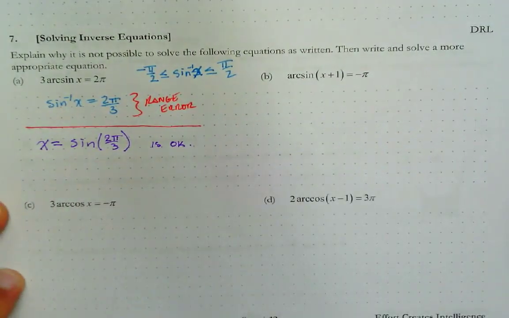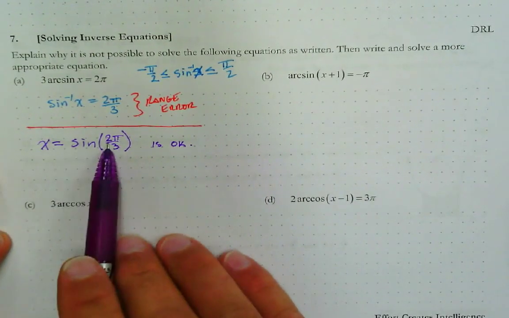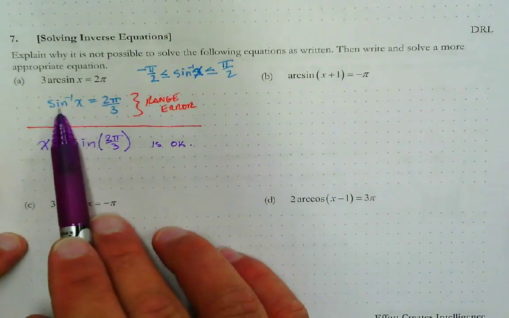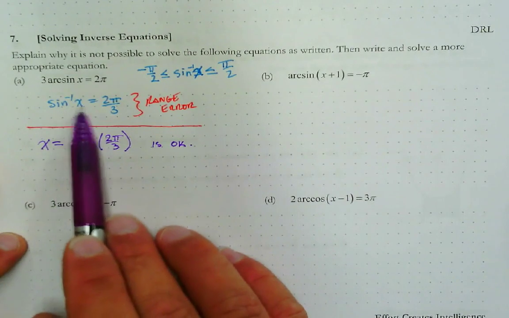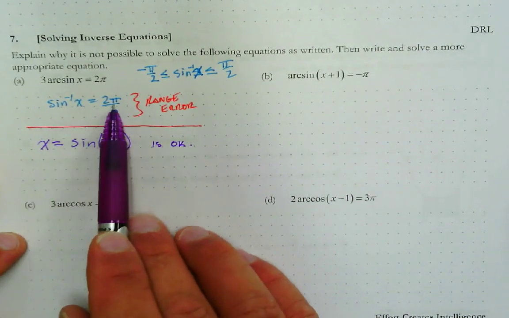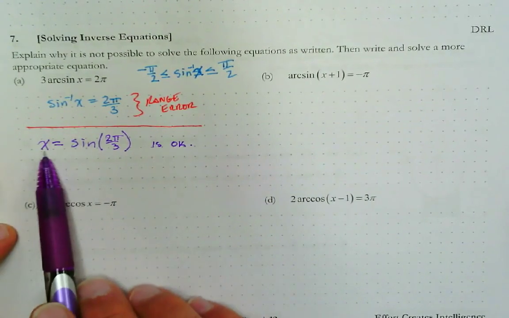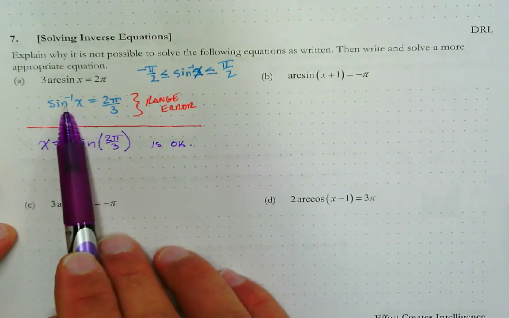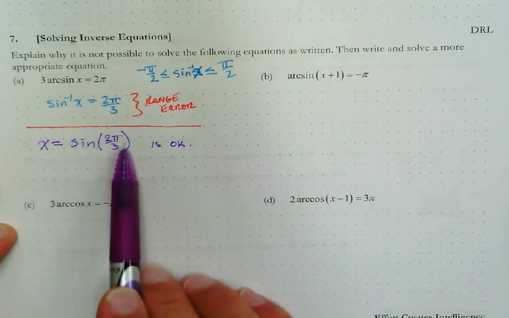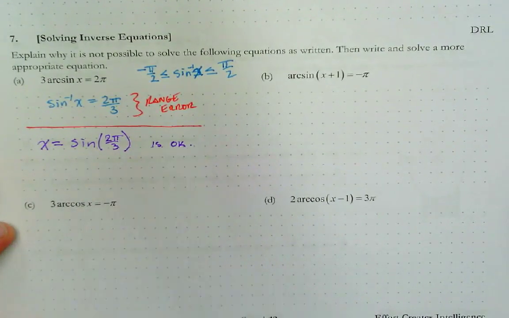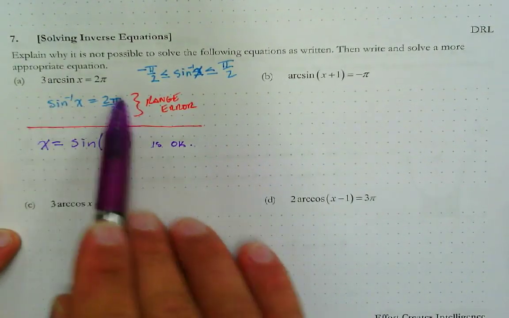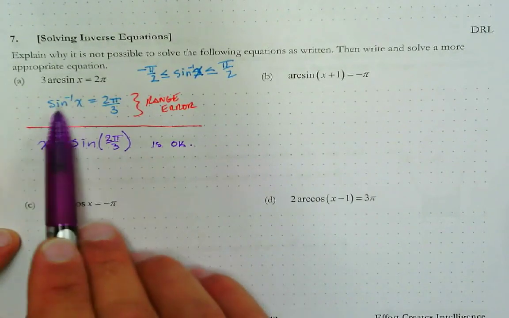And that's an okay equation to solve. That x needs to be the sine of 2 pi over 3. Right? I'm saying, hey, I have some ratio of 2 pi over 3. And so if I undo the inverse sine with the sine, I have x equals the sine of 2 pi over 3. That's okay. But it's extremely important to understand that this right here, as written, is not valid.